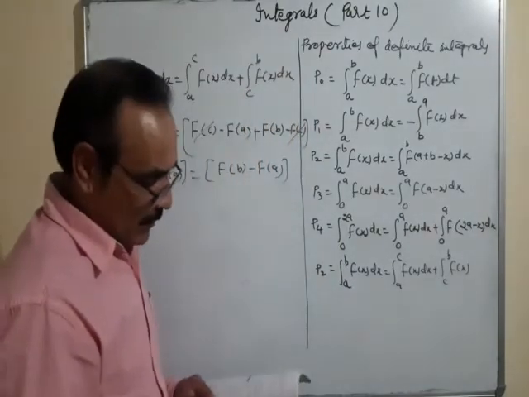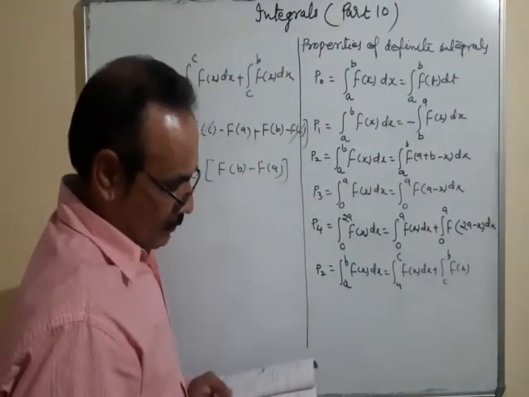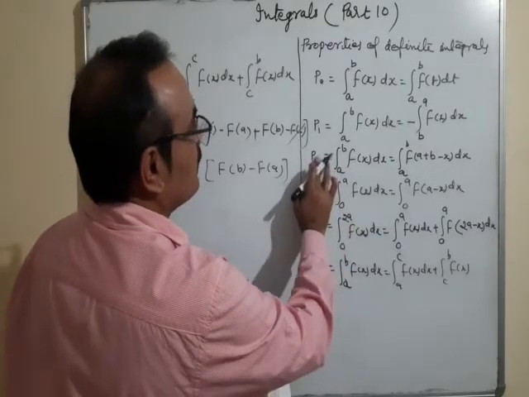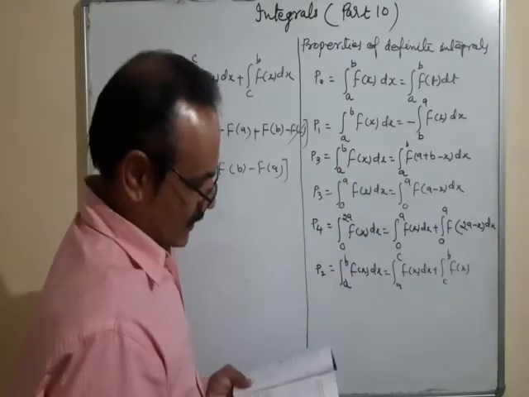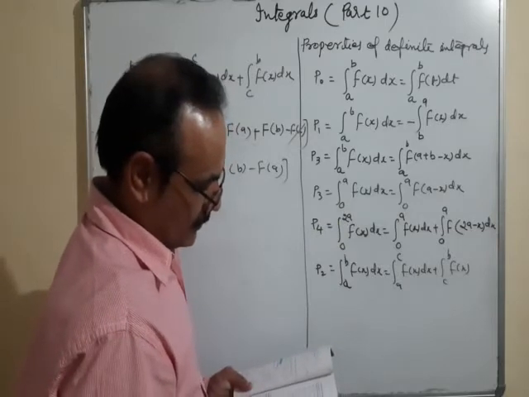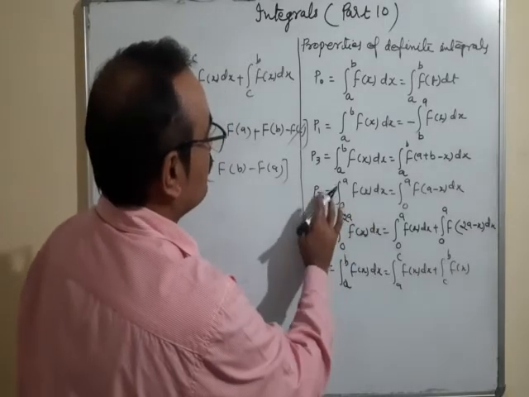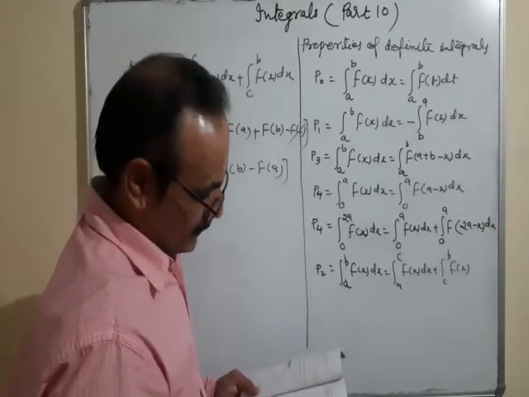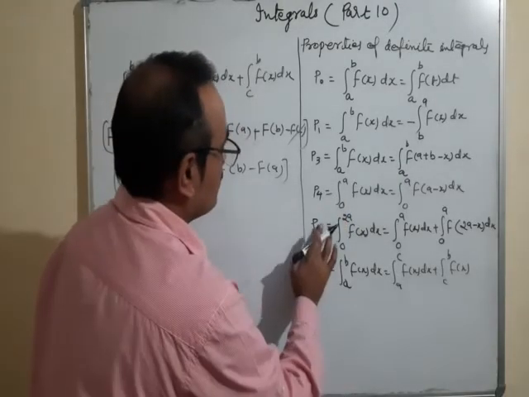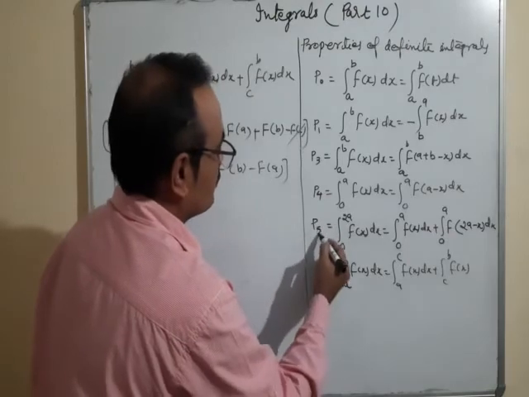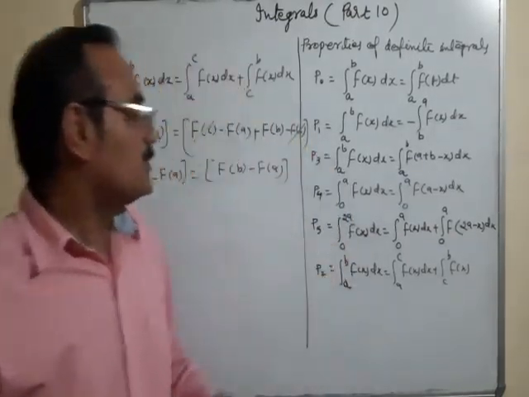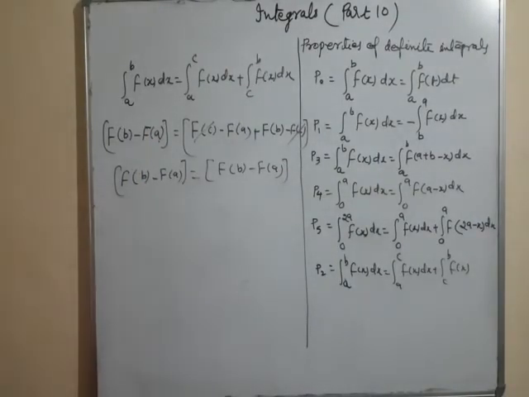Which number is that property? P2. Then P3, and P4. P5 is what we are going to discuss now. Okay, this P5 is going to discuss integral 0 to 2a f of x dx.